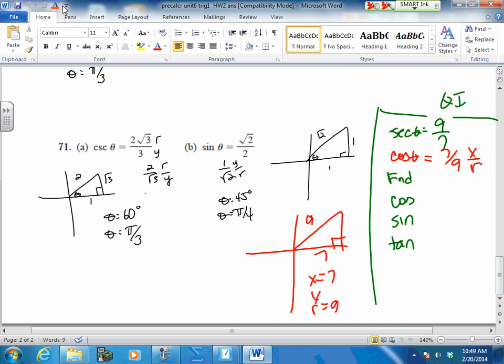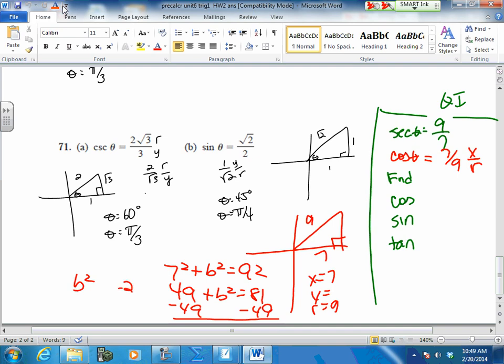What piece are we missing? The Pythagorean theorem here, we're missing the Y. So, 49. Guys, I don't want to hear you talking. In a minute, you're going to get a quiz on this. Let's see, what does that subtract at? 32.